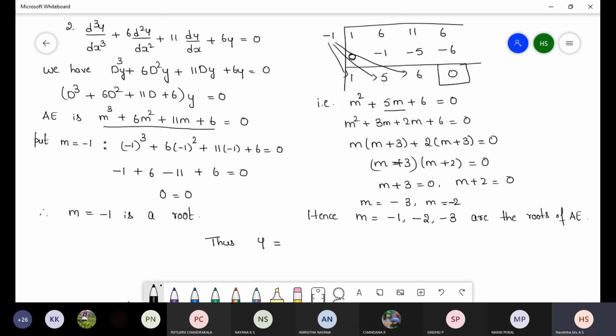Y is equal to, these are all different roots, so we have to use case 1, that is C1 e power minus 1 into x plus C2 e power minus 2x, C3 e power minus 3x is the general solution.